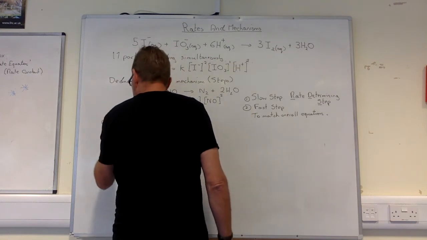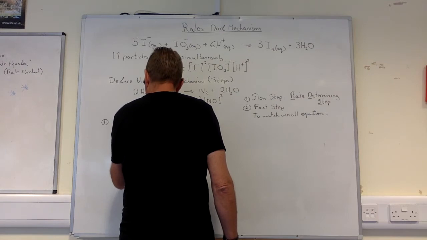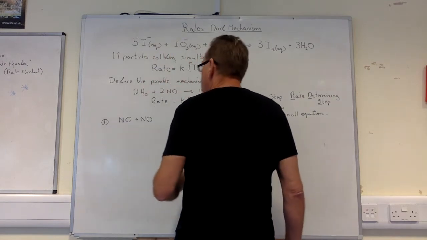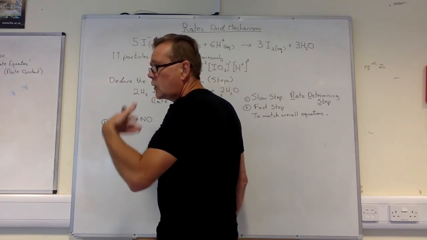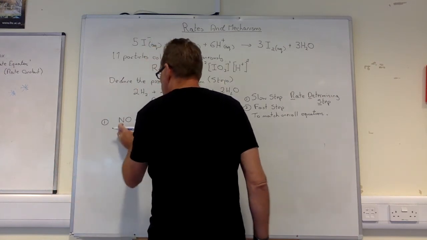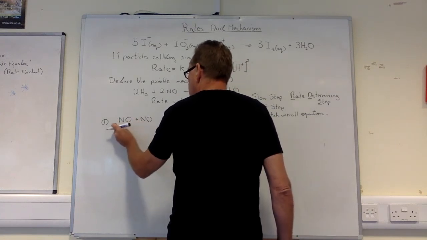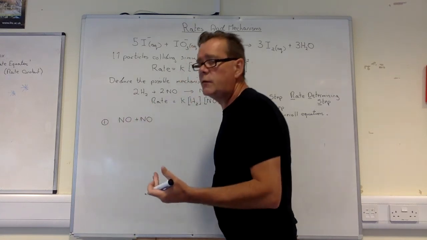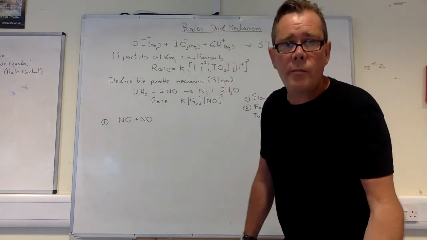If it's second order, 2 particles of nitrogen monoxide will collide, because that doubles their influence in terms of the rate. That's what causes that second order relationship. So obviously the concentration, because there's 2 particles colliding, is much more significant. First order with hydrogen, 1 particle colliding.